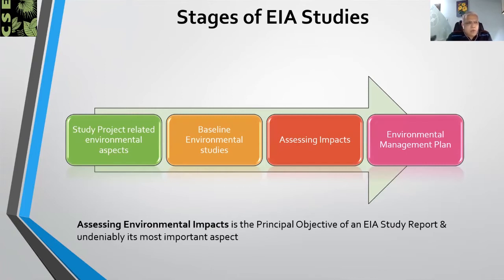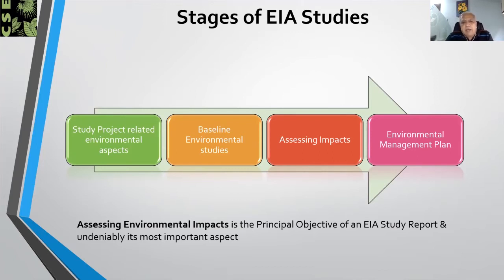Once we have knowledge about the project itself and its environmental aspects, the location of the project and its environmental setting, then we superimpose the impacts of the project on the baseline status and assess the impacts of the project.